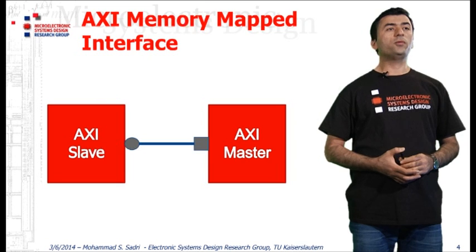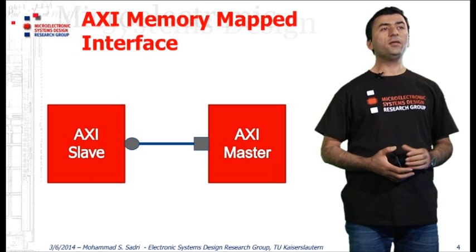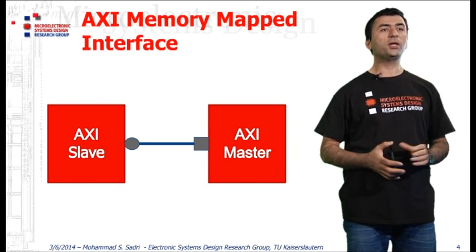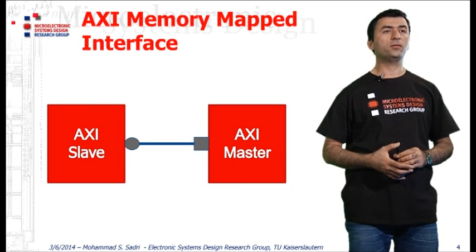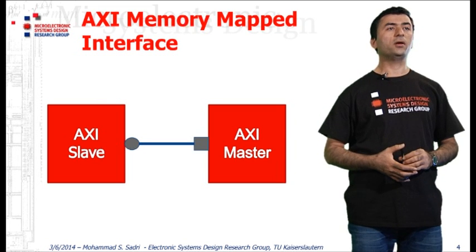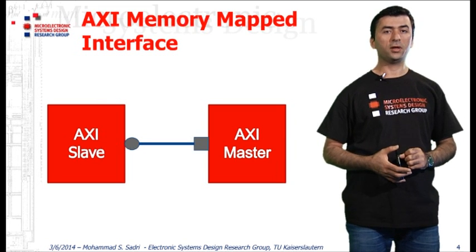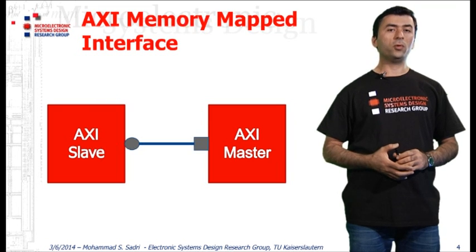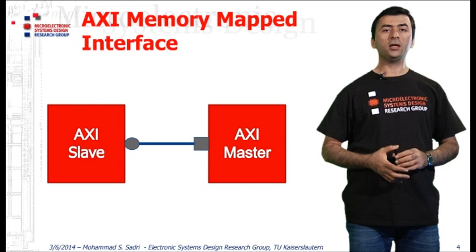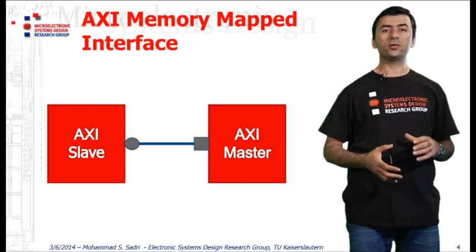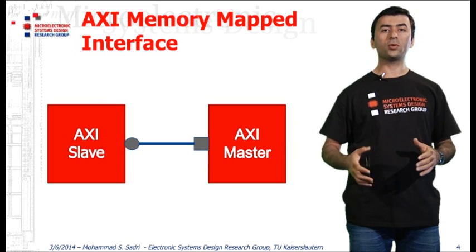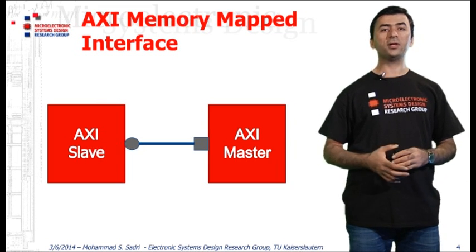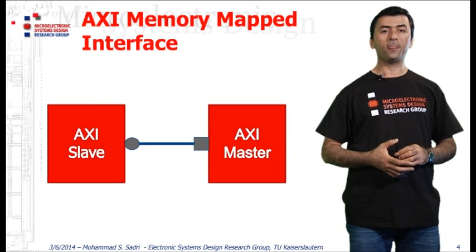Before going into further details, let's make sure that we briefly know what is AXI and what is an AXI interface, what is an AXI master, and what is an AXI slave. First, in today's world, as you can see, we have chips containing a large number of different types of IP blocks. And these IP blocks need to talk to each other, need to transfer data between each other.